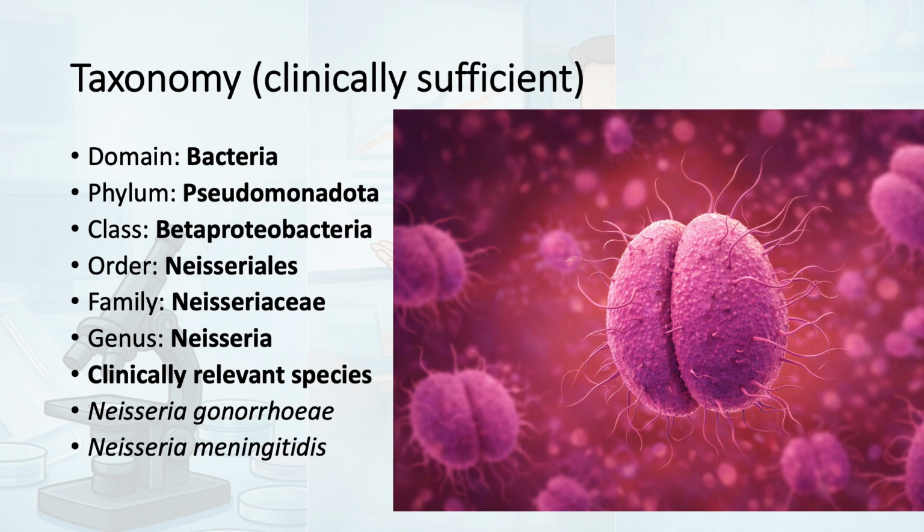And what you should keep in mind is that the cell wall structure of any microorganism, any pathogen, is the main organ. The cell wall is the main organ that the bacteria has.